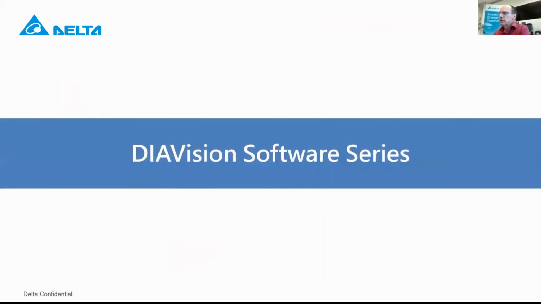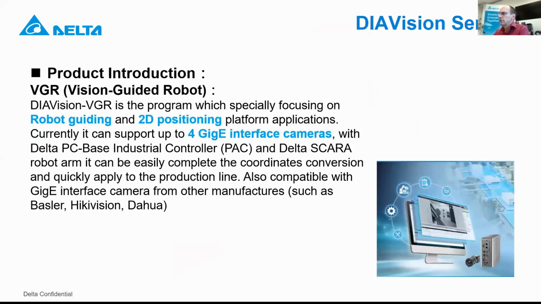The second part is our DiaVision software series. That's new since this year. We can provide you 3 types of different software. The first one is the VGR software. It's the Vision Guided Robot. It is a software package that you can run on an industrial PC or a normal PC, of course. In that PC you need the possibility to connect a camera.